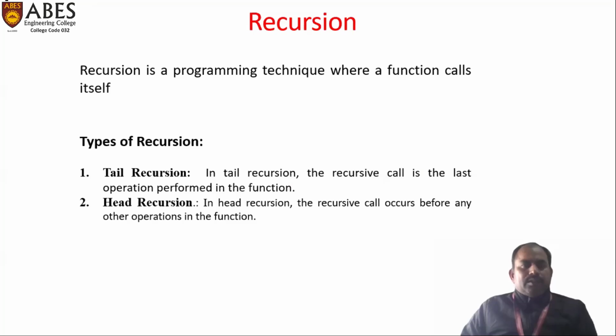We have already seen how a factorial is calculated using loops. Here we are not using loops. We are just going to calculate a factorial using recursion. In the first step, let's see how to write the algorithm for recursion.